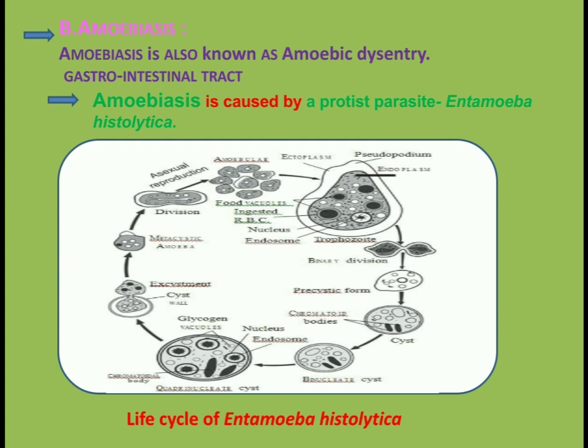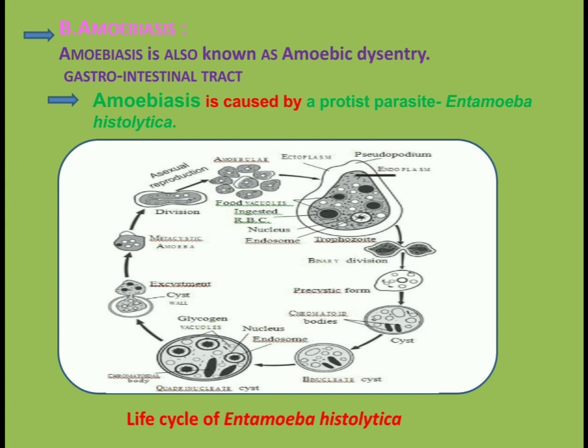The cyst shows chromatid bodies and becomes a binucleate cyst, and this binucleate cyst again converts into a quadrinucleate cyst, which further matures and undergoes excystment.